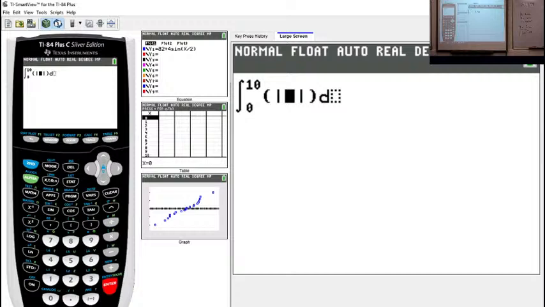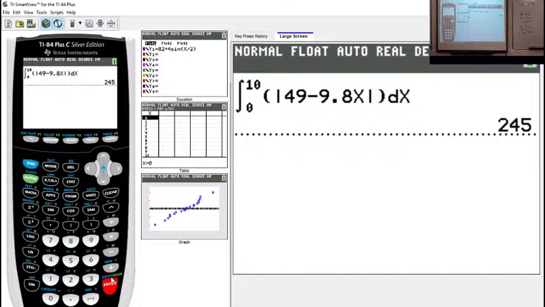Of the absolute value, and then I'm going to type in the function: 49 minus 9.8x, dx. 245.